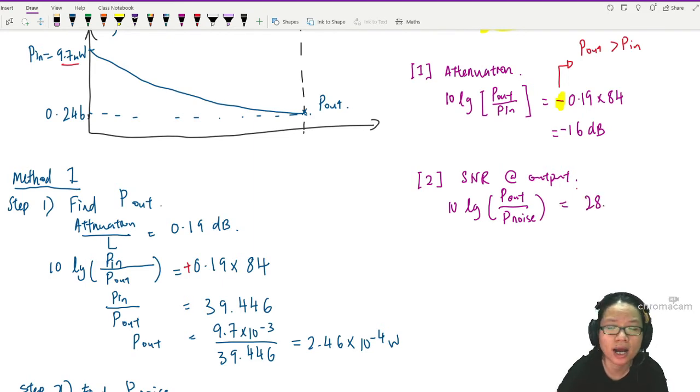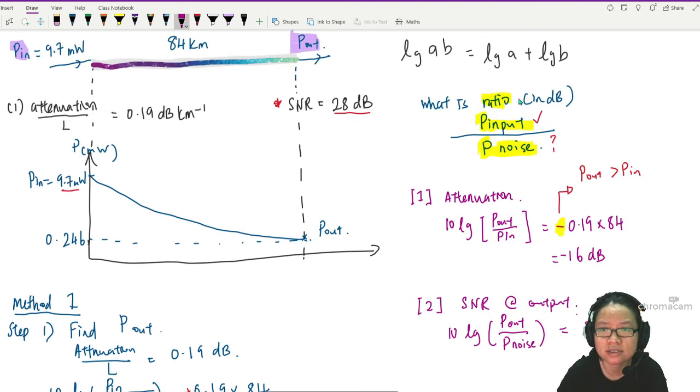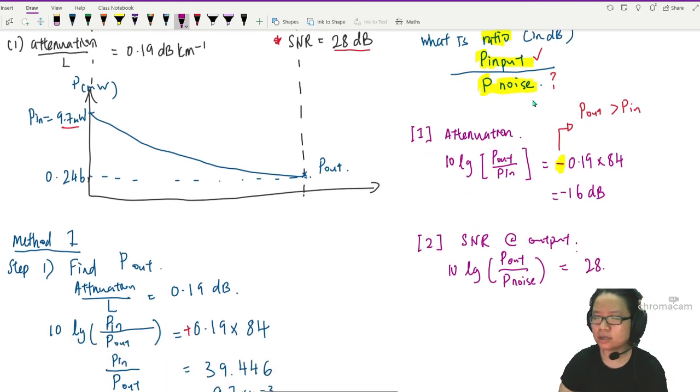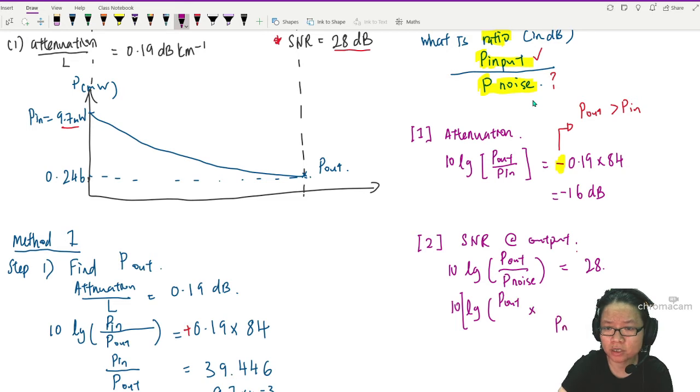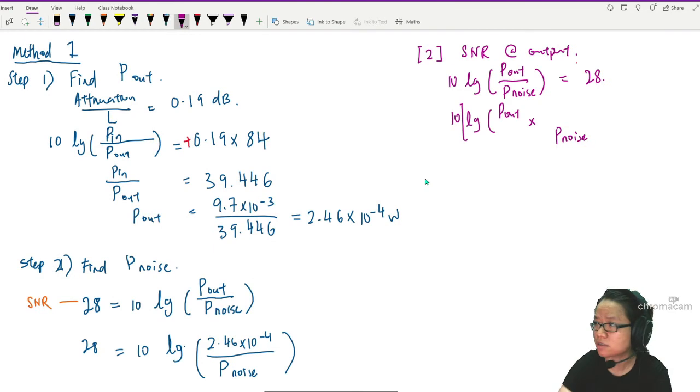And then you are like, how to get this input to noise? I got output to noise. Well, there's this thing called the chain rule, right? So I can break apart this 10 log, okay? I can split this, P out multiplied by P noise. Okay, let me scroll up so it's not beside my face. Okay, so divide this. Chain rule, guys.